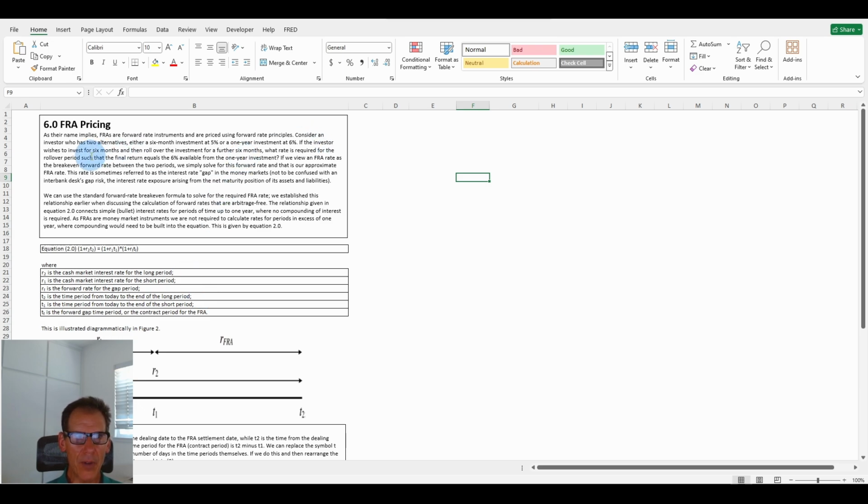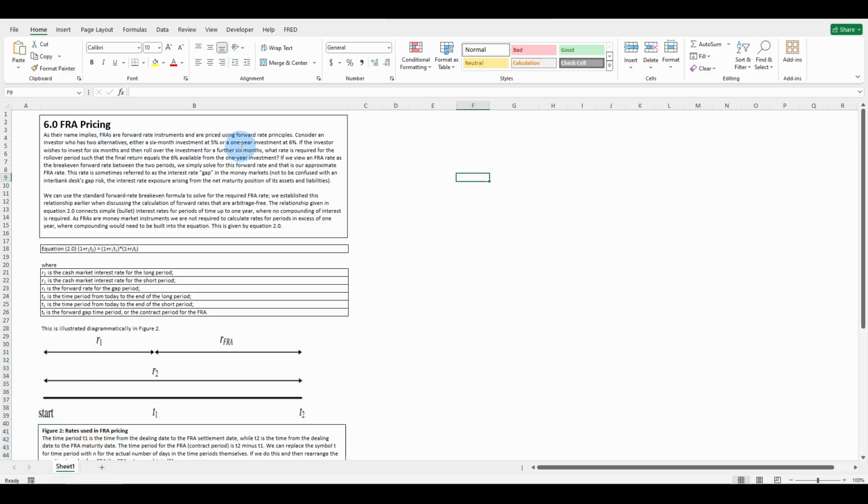So consider an investor who has two alternatives: either a 6-month investment at 5% or a 1-year investment at 6%. If the investor wishes to invest for 6 months and then roll over the investment for a further 6 months, what rate is required for the rollover period such that the final return equals the 6% available from the 1-year investment?